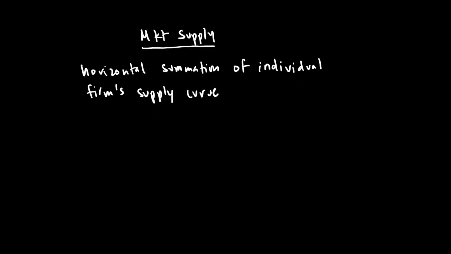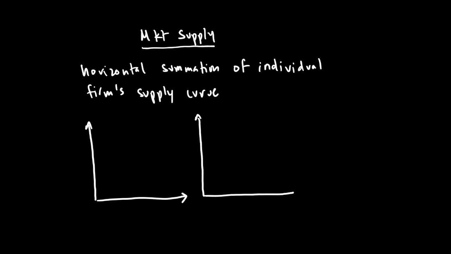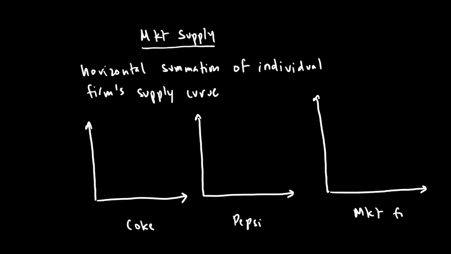And let's take a simple example. Let's say we are doing the market for cola, which is Coke and Pepsi, for example. Let's say they are the only two firms in the market. So this is Coke, this is Pepsi, and let's say this is the whole market. The third one would be the market for cola. So let's say this is the supply curve for Coke, this is the supply curve for Pepsi.